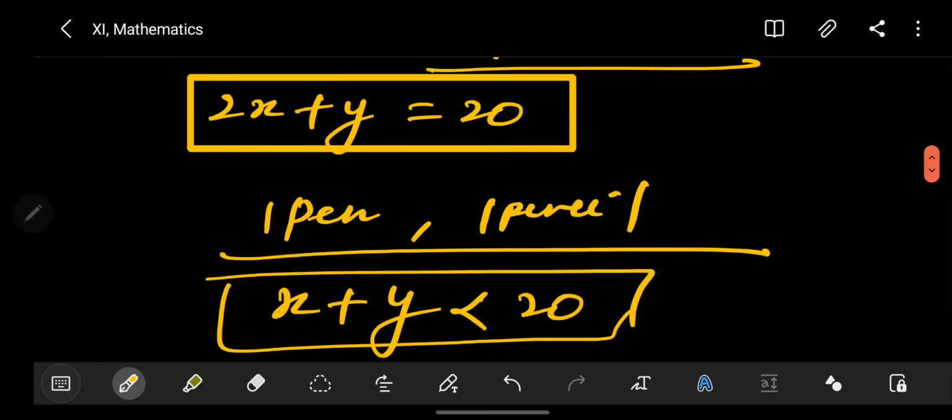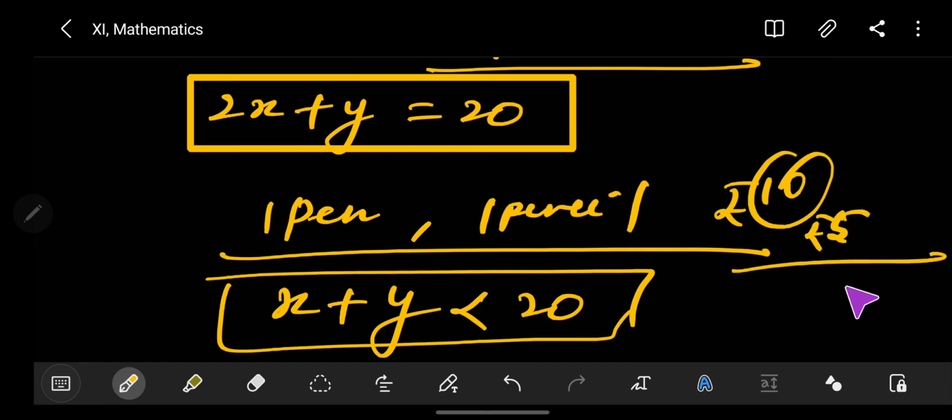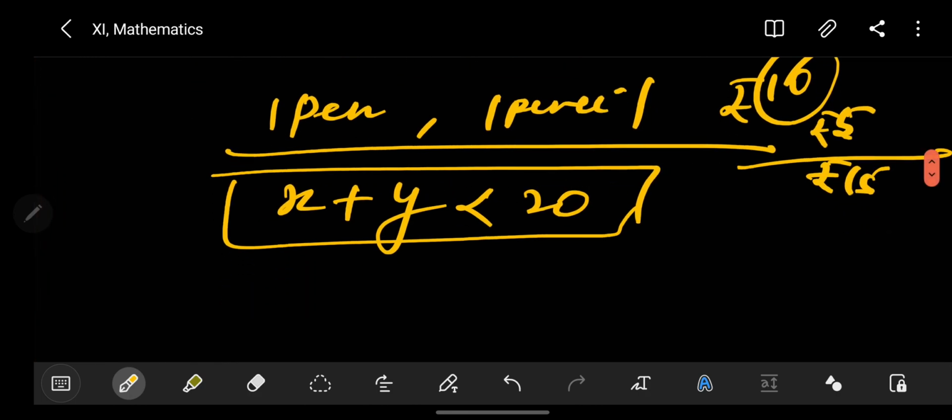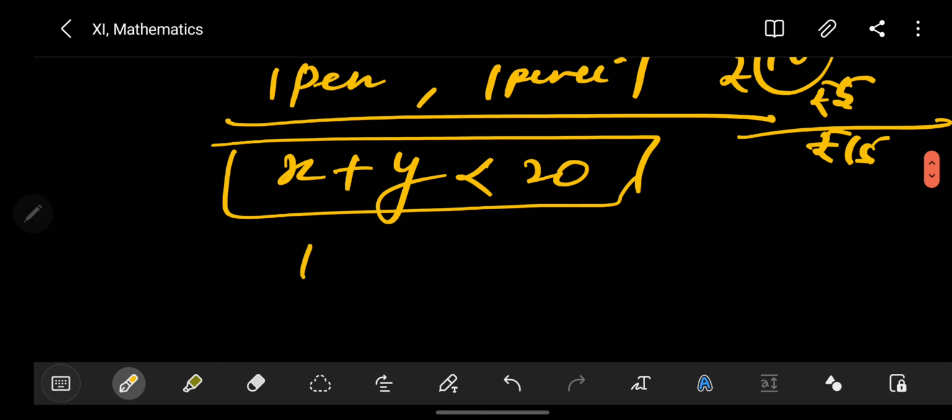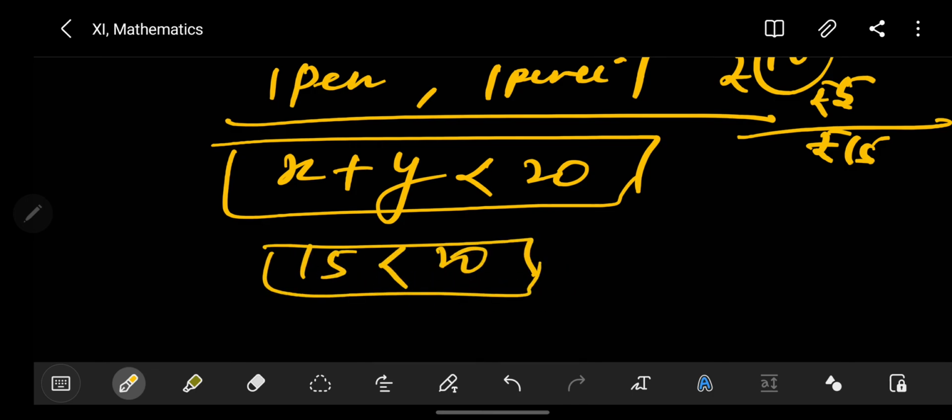So the cost of one pen is 10 rupees and a pencil is rupees 5. So rupees 10 plus 5 is rupees 15. By looking at the standard solution of it, 15 is less than 20, right? Symbolically or in variable form, we write x plus y is less than 20.